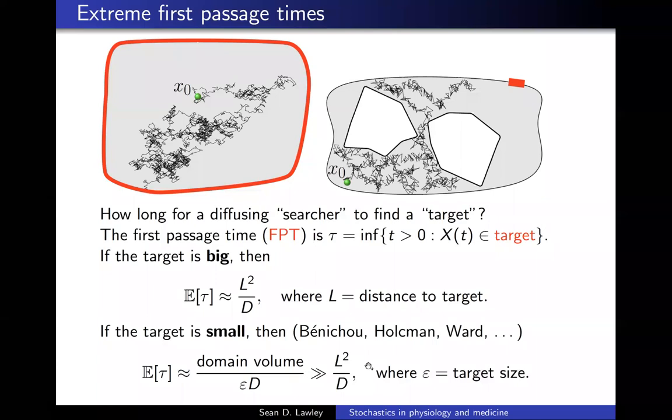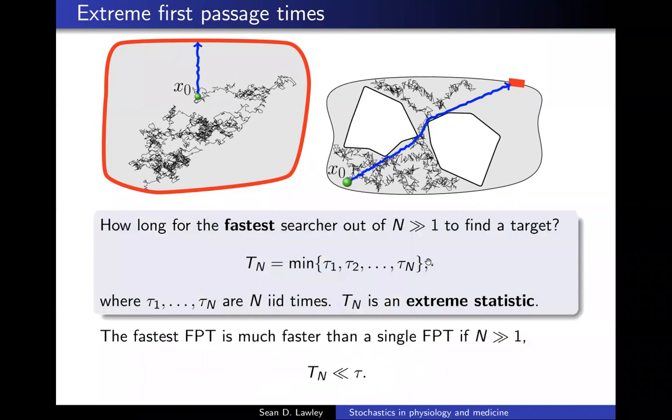I'm just giving you a quick intro to some of these first passage time problems. Lots of really nice work has been done on these. But extreme first passage times ask a very different question. Those previous questions were asking how long it takes a single searcher to find a target. An extreme first passage time asks how long it takes for the fastest searcher out of N searchers to find a target.